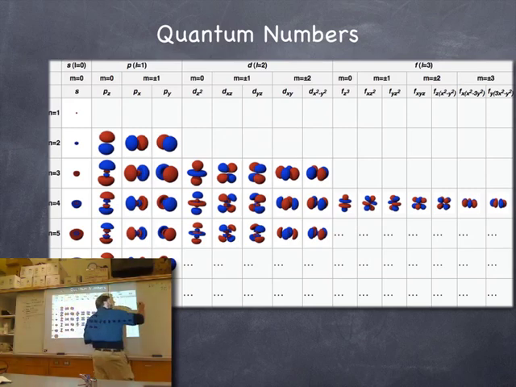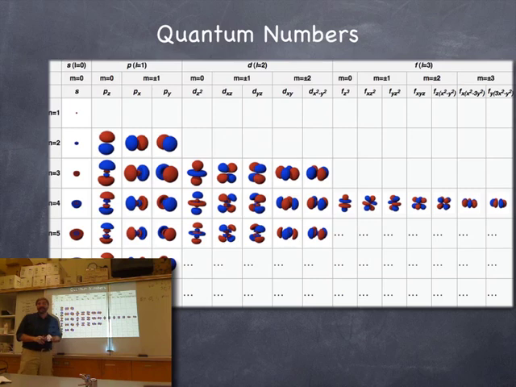Now, the L value goes from 0 to n minus 1, integer values from 0 to n minus 1.